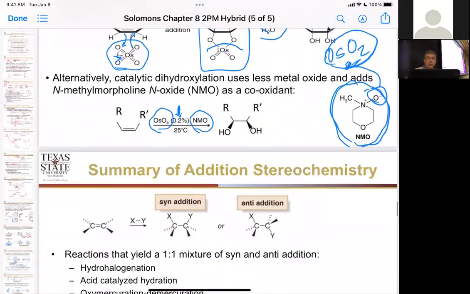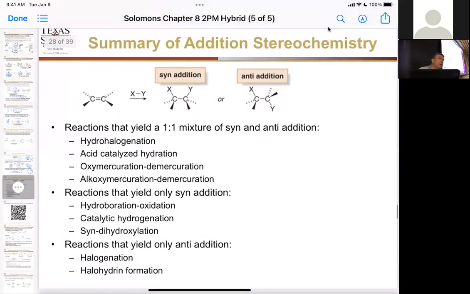So let's review what we've just learned here. In reactions that make a 1-to-1 mixture, we either form a carbocation or we have something else that gives us that. In both of these right here, we form a carbocation. That's why we get a mixture of syn and anti.